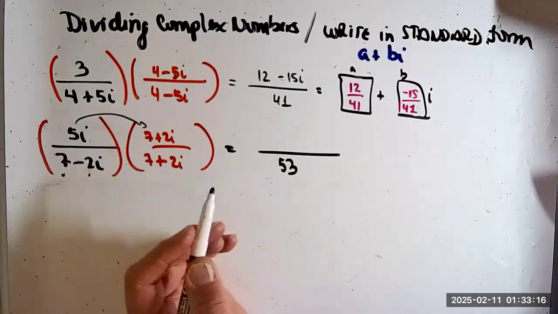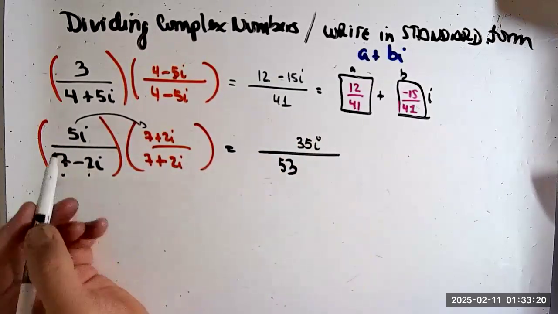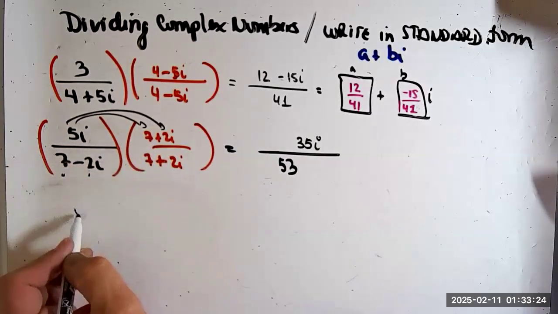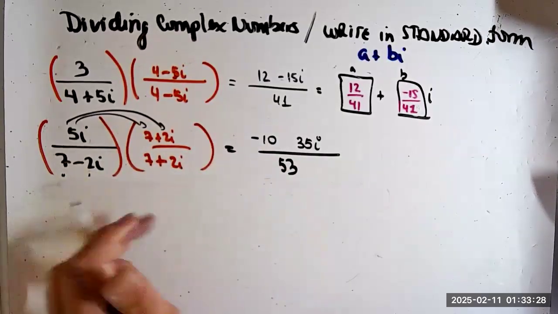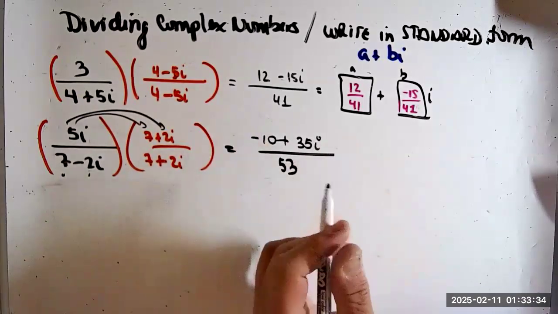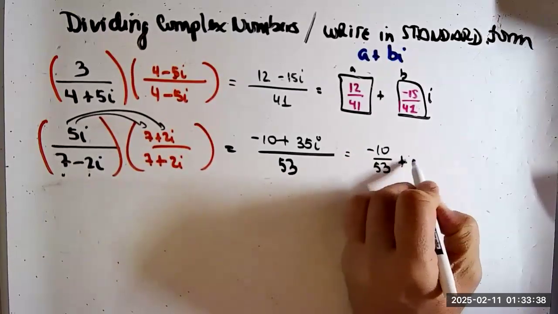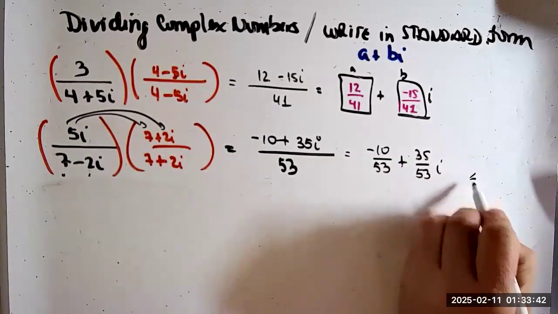That will give me 35i. 5i times 2i. That will be 10i squared, which is minus 10. So the answer will be minus 10 plus 35i. Or negative 10 over 53 plus 35 over 53i.